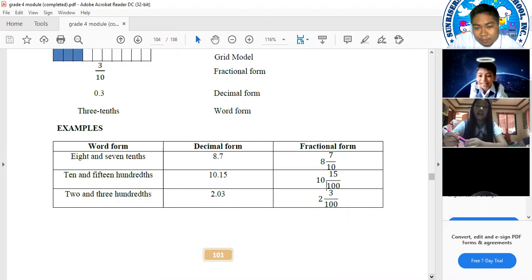We're not gonna write the 0 at the top. If 0 is the start, for example 03, we no longer write it here, okay? Okay po, sir.